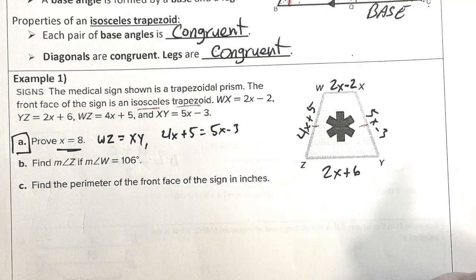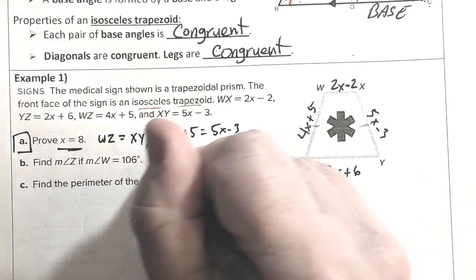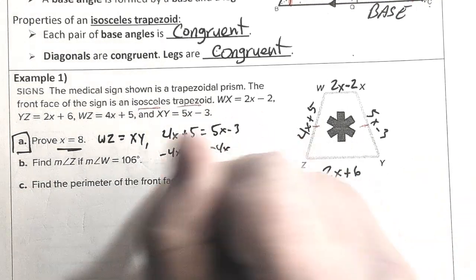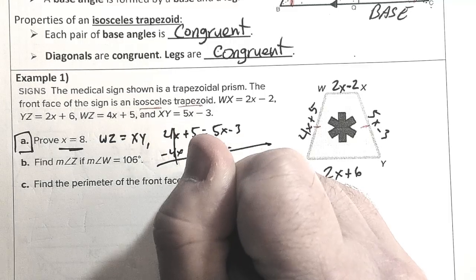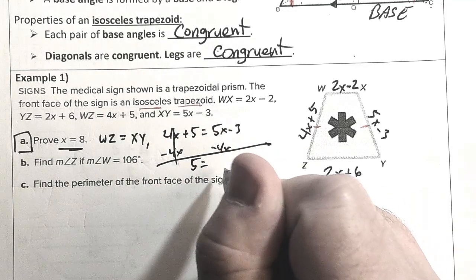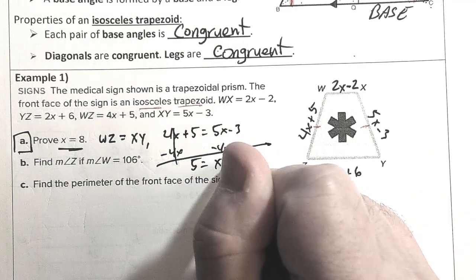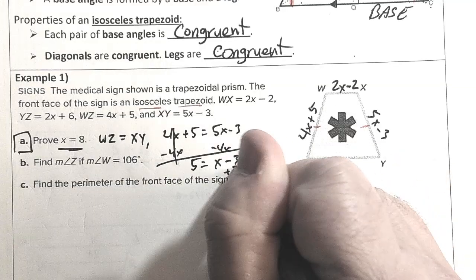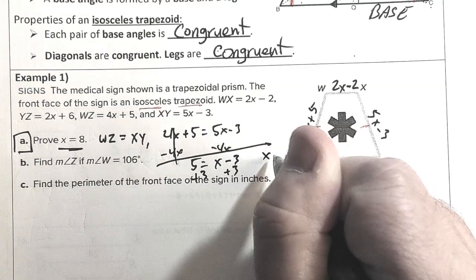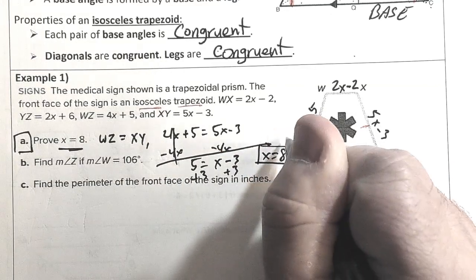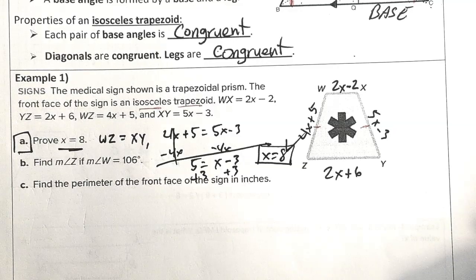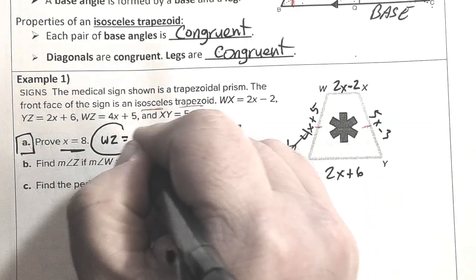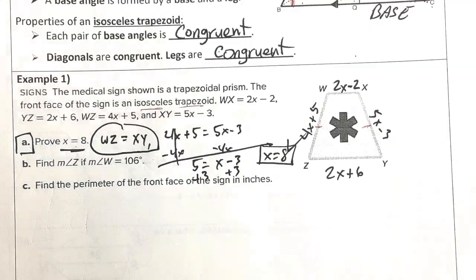The angle thing we'll do over there. We're going to subtract 4x from both sides because it's the smaller. They cancel. 5x minus 4x is just x, and then minus 3 comes along. Add 3. So x equals 5 plus 3, or 8. So there you go. That's how you prove that x equals 8.